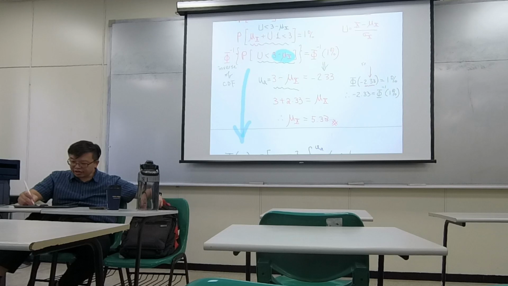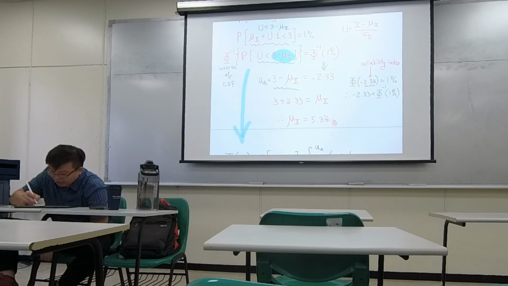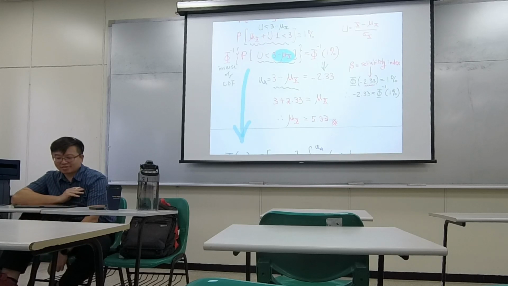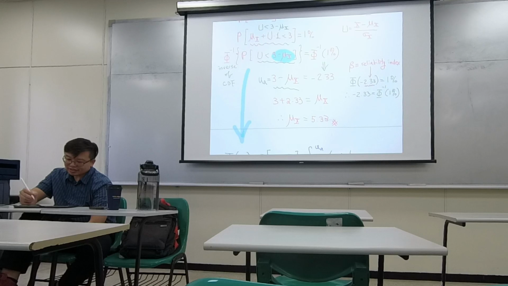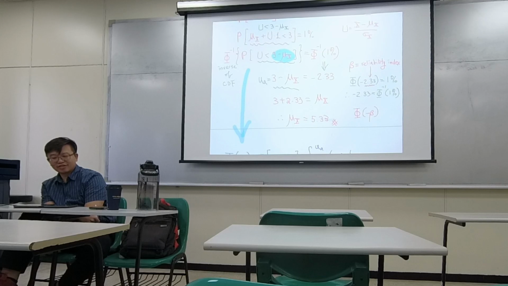This is reliability index. So it's usually defined as beta, and in this case, it's like CDF of negative beta in our case.